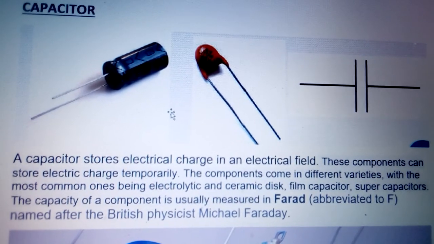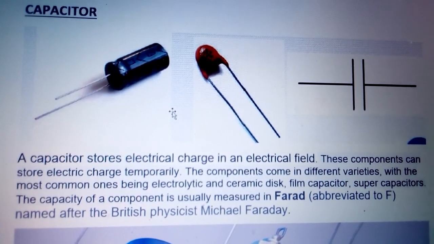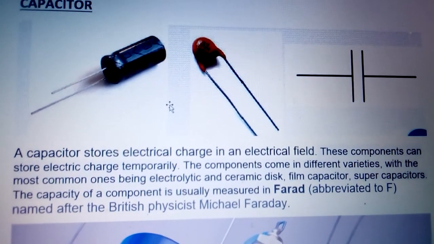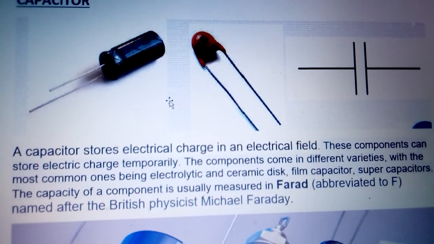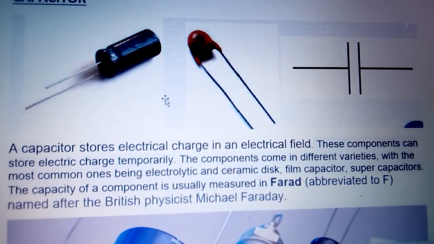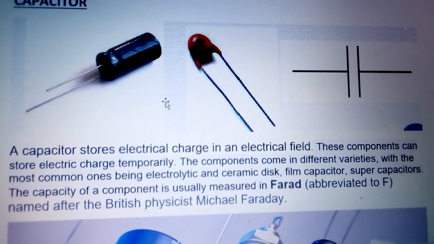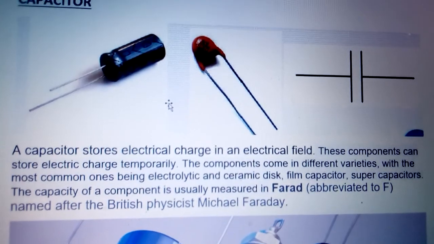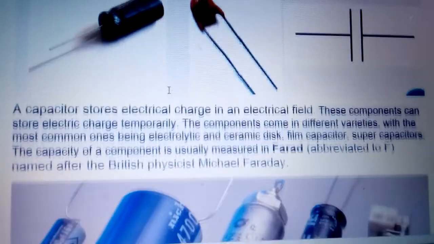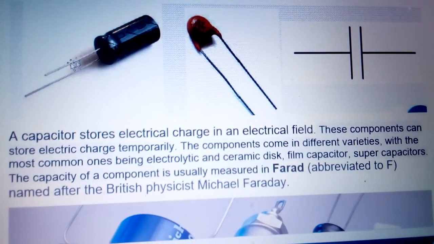Now, if this capacitor stores an electrical charge, and we know an electric charge can either be positive or negative, and we have said the positive charge is stored in the anode and the negative charge is stored in the cathode. So for you to know the positive side of a capacitor, you simply have to look at the pins.